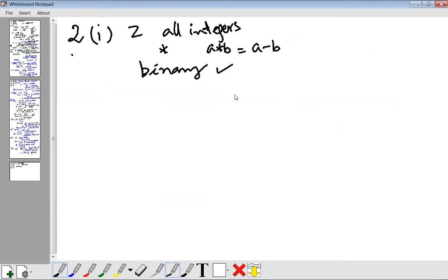Let's suppose it's binary. Now we want to say whether it is commutative or associative. Definitely a minus b is not equal to b minus a. If a is not equal to b, then a minus b is not equal to b minus a. Therefore, not commutative.